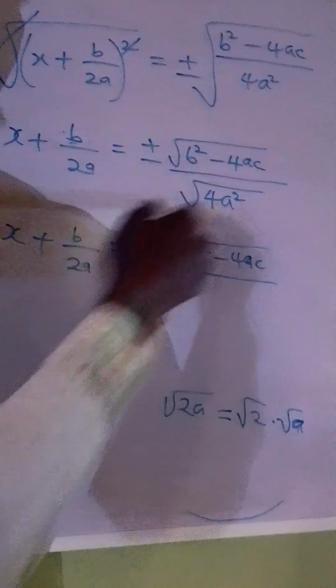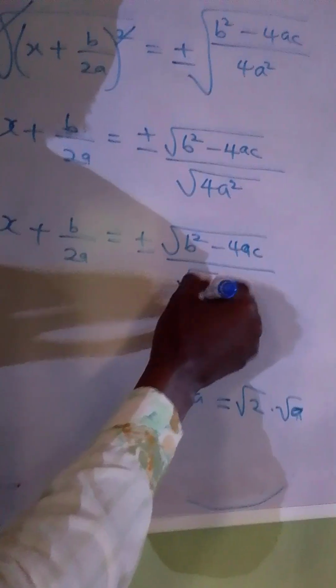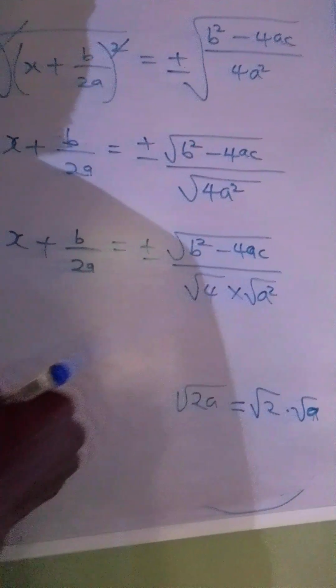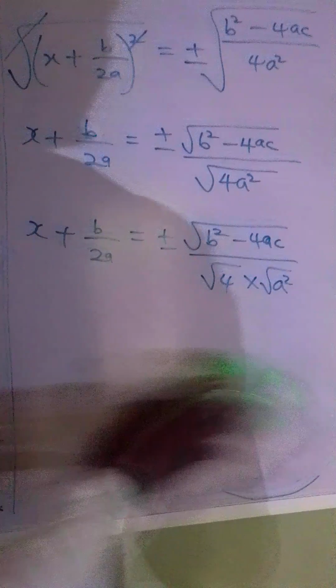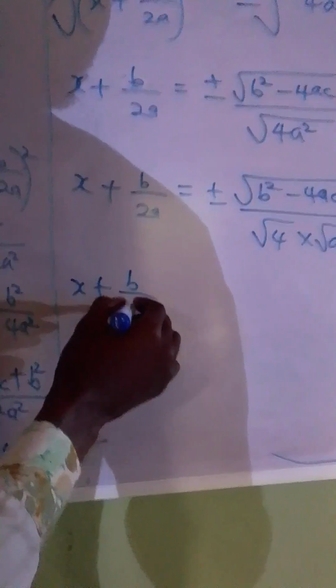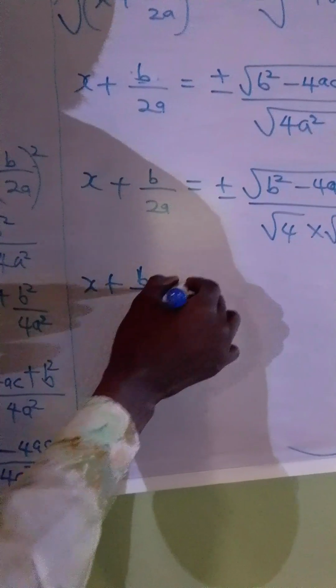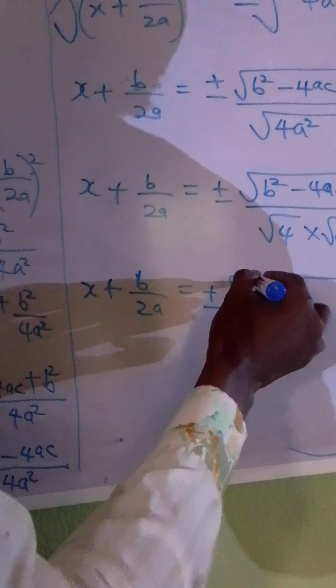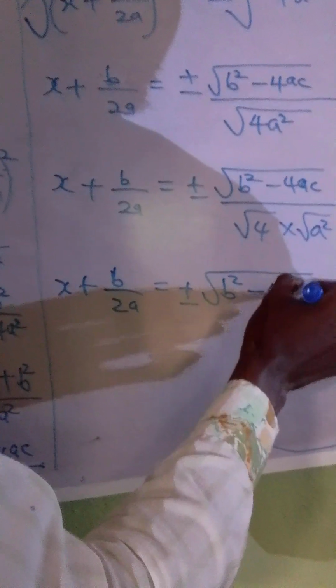That's what it means. So this means square root of 4 times square root of a squared.